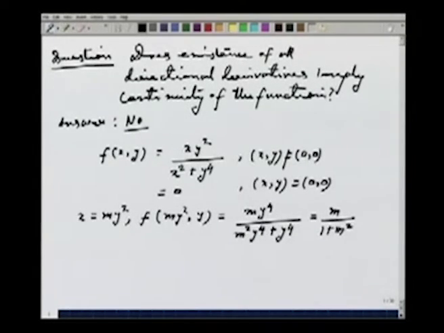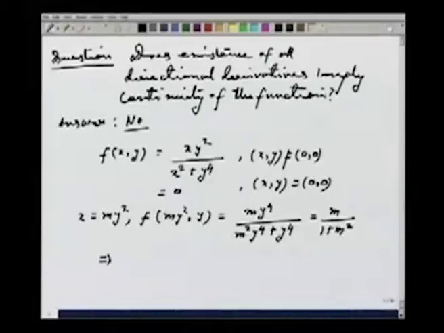So if I take the limit y going to 0, it does not depend on y, and the limit depends on m. So if I go through different paths, I get different limits. So this implies f is not continuous at (0, 0).